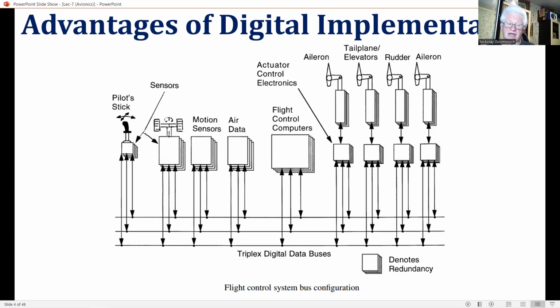Flexibility. In this case, control laws and gearings or gains can be changed by software changes as opposed to hardware modifications, giving greater flexibility during the design and development phase.